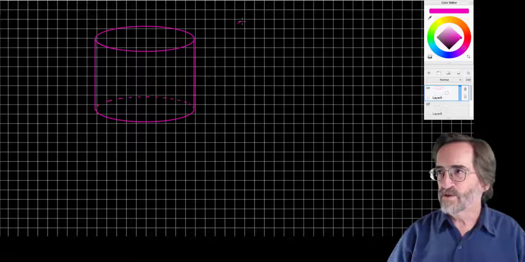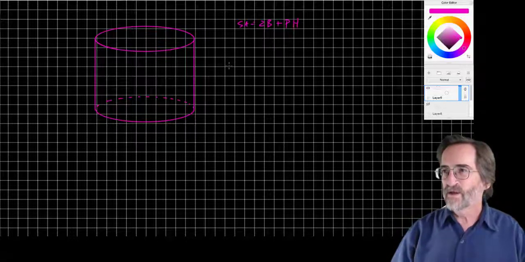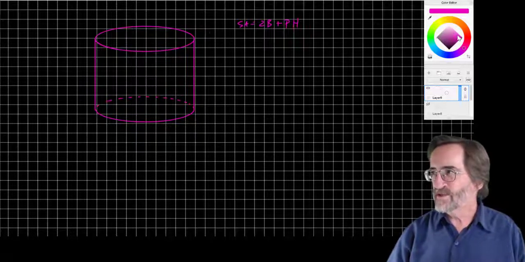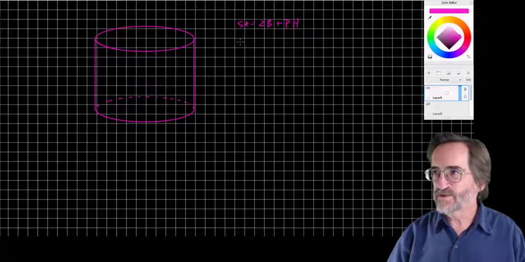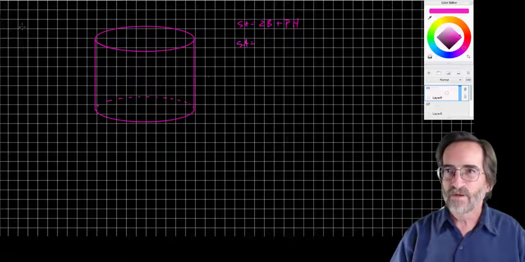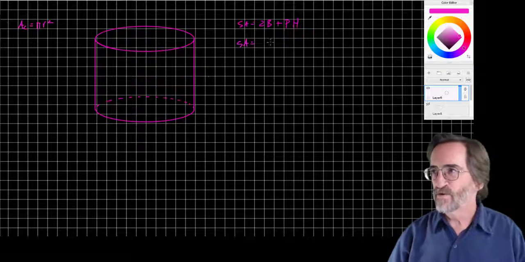So you can think of the surface area as 2 times the area of the base plus the perimeter times the height. Okay? But the area of the base is just a circle. And the area of a circle is pi r squared. So the 2B is 2 pi r squared.